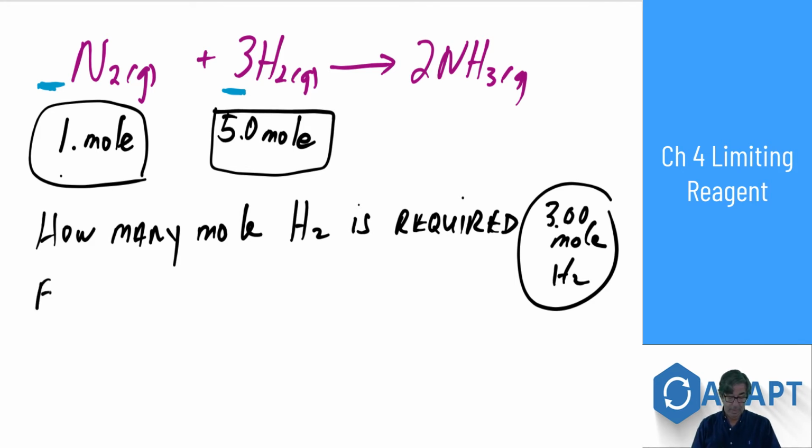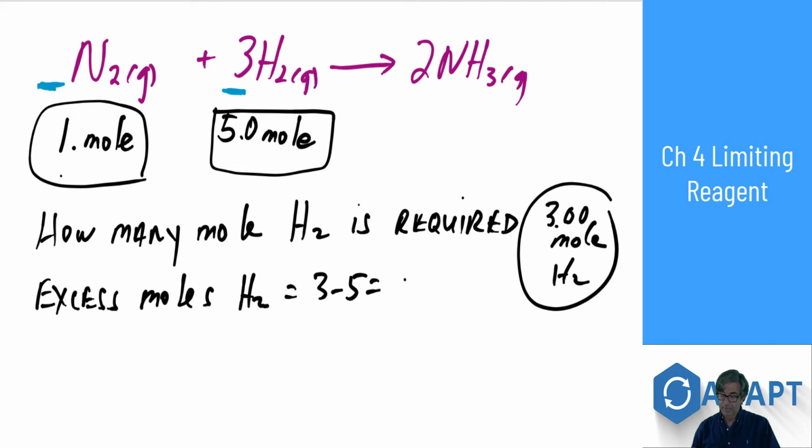In fact, we have excess moles of hydrogen. And how many excess moles do we have? It would be 5 minus 3, and we have 2 moles of excess H2.